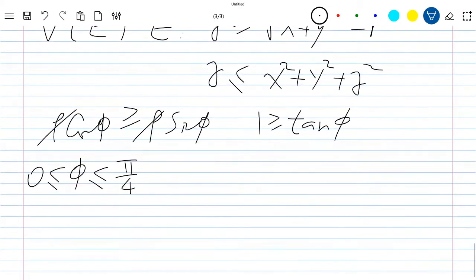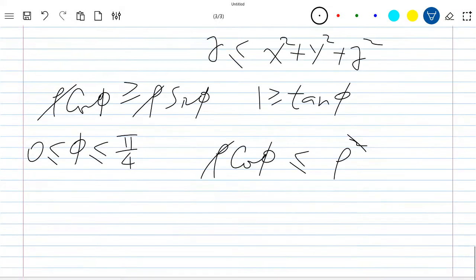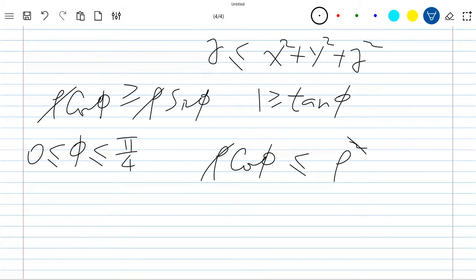And let's see the second one. The second one says rho times cosine phi is less than or equal to rho squared, right? So let's cancel the rho. So you get rho is greater than, no, shouldn't be greater.